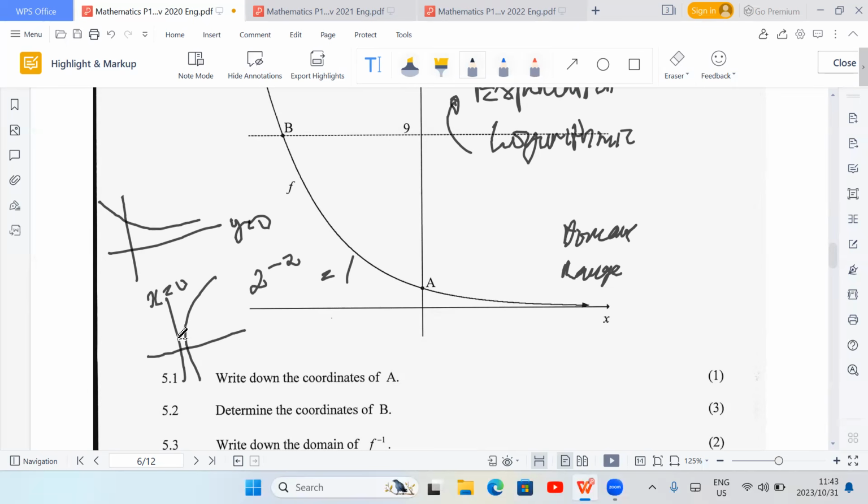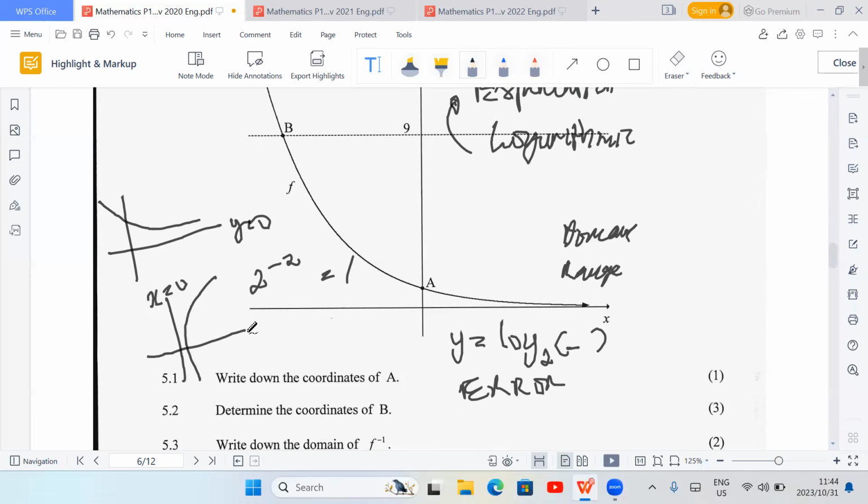So always know that if you have a question on log, then you have log 2, and you try to substitute a negative value here, what you'll get is that your calculator will just say maths error, because you cannot have your x value for log being negative. So it's an inverse like that. So know that relationship.